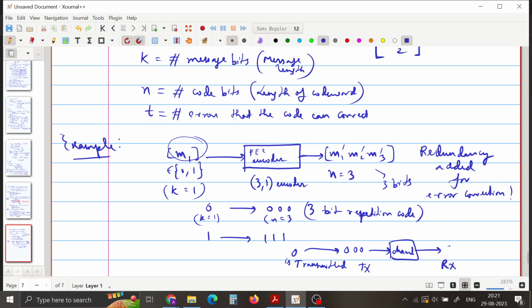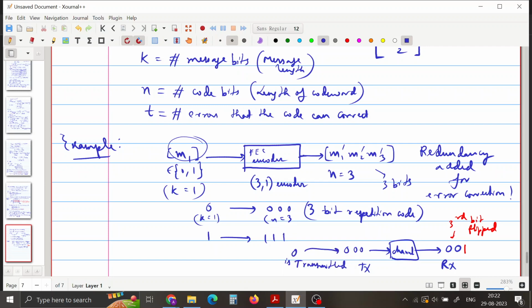Let's say it becomes 001, the third bit is flipped. But you'll observe that out of the 3 bits I have 2 zeros, but the third bit is different, it is 1. So there has been some error. You would be able to identify there has been an error, and you will perform some majority decoding rule.